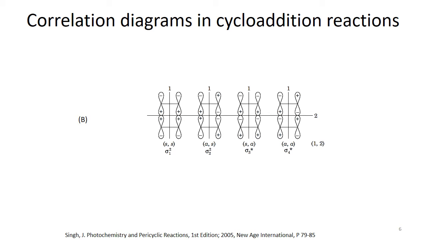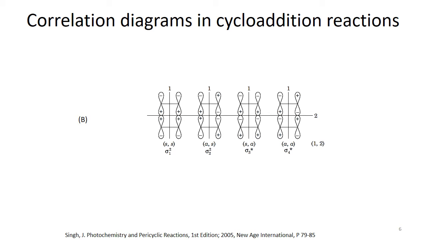But we have to arrange them in such a way that we go from 0 node to 1, then 2 and 3. So first, the psi1 square, sigma 1 square type of system, has no node present, so there shall be suprafacial interaction.